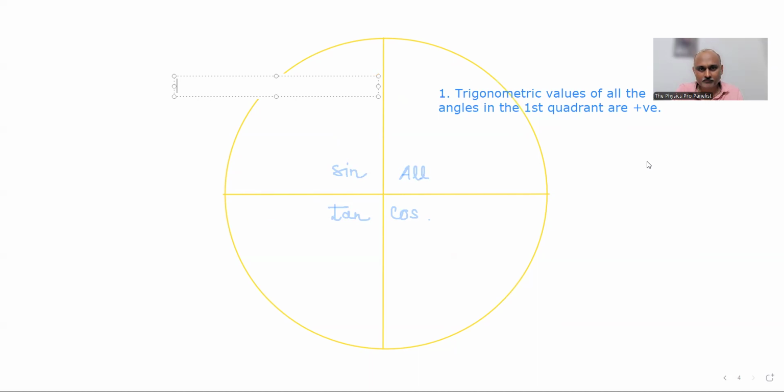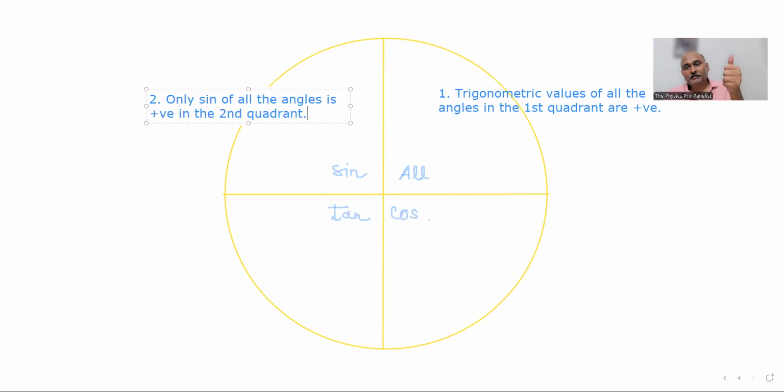Okay? Hello. Yes, sir. Second is only sine of all the angles is positive in the second quadrant. That means in the second quadrant which angles will be there?